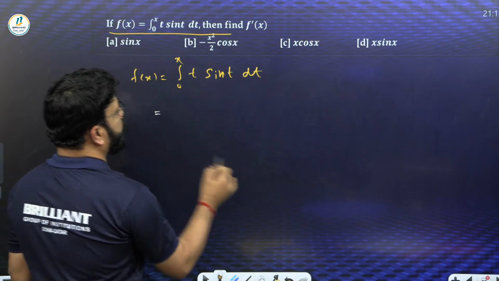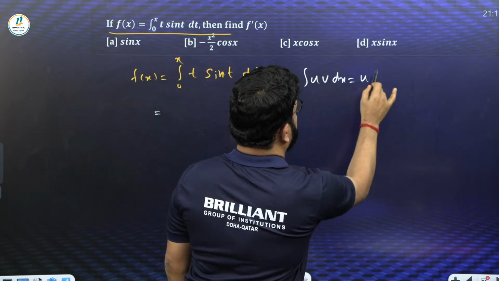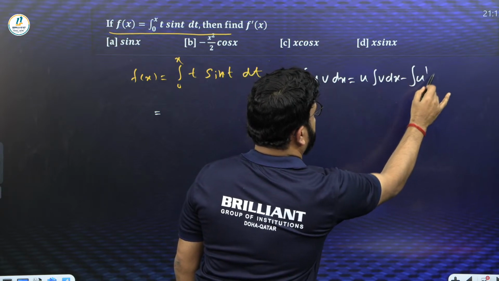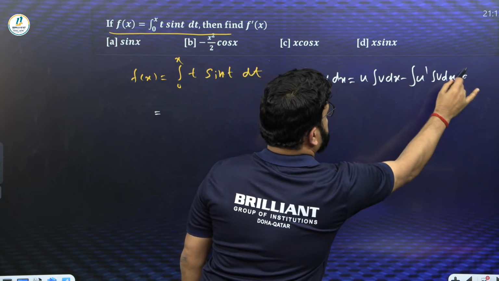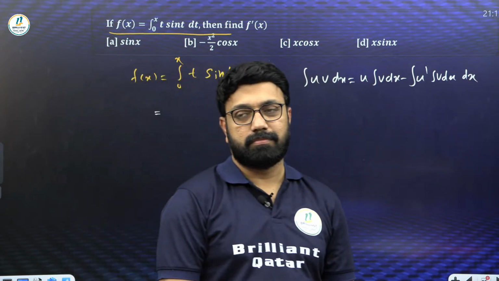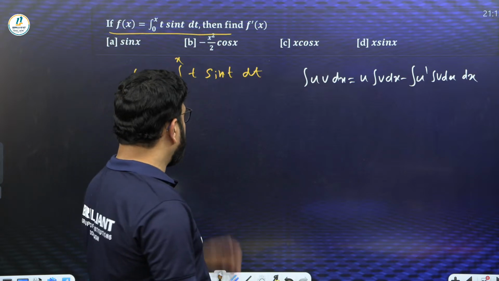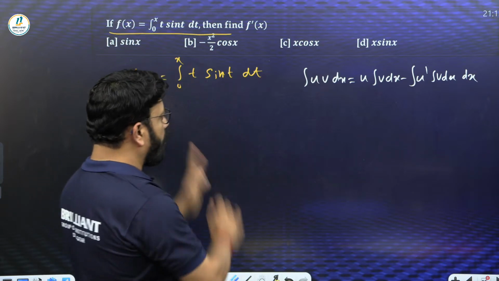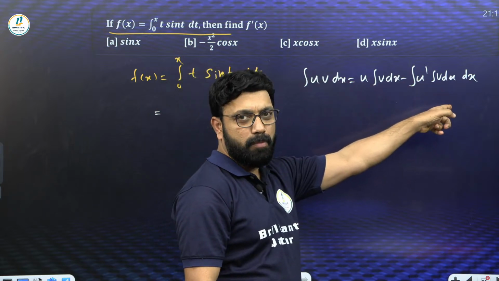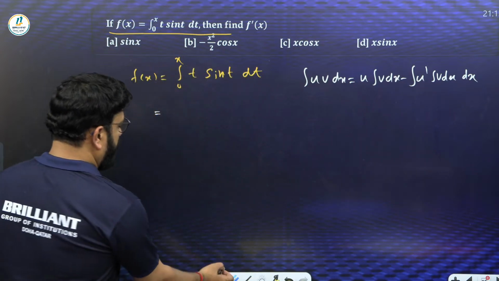This, you know, is in u into v form. Integral of uv dx equals u times integral of v dx minus integral of u dash times integral of v dx, with respect to x. Which method? By parts, right? T is first, same order. I am not writing detailed steps, just substituting in this formula.